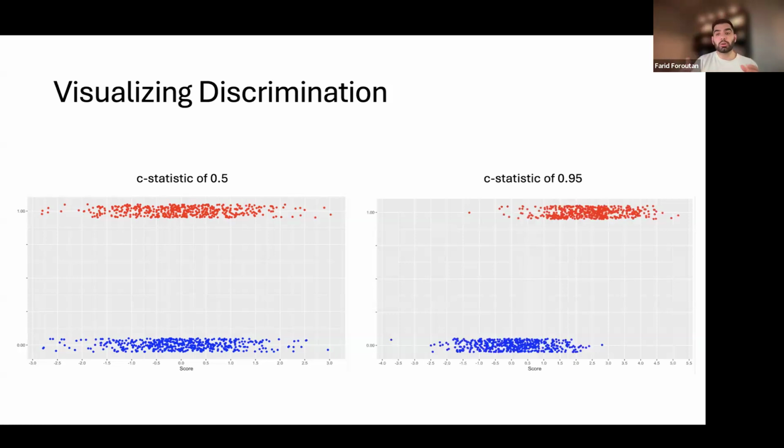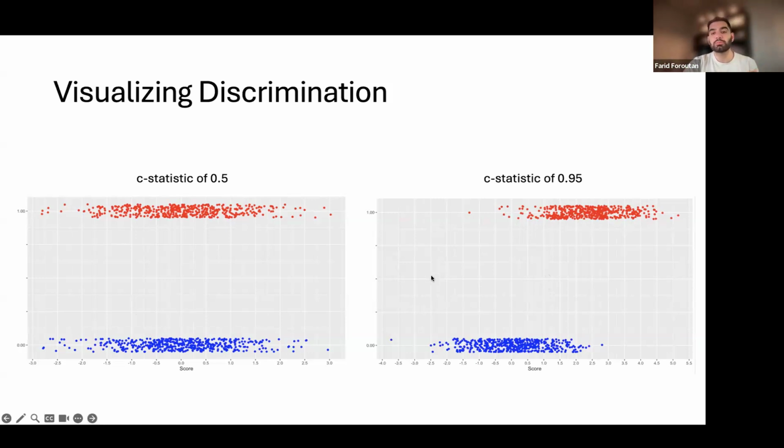Whereas a much better model, where the performance is now at 0.95, which is close to that 1, which is like perfect separation of the people who've had your event and haven't had the event, you can start to appreciate it here, where, of course, there's some area of overlap between the folks who've had stroke and those who haven't had stroke in terms of what the model is classifying them as.